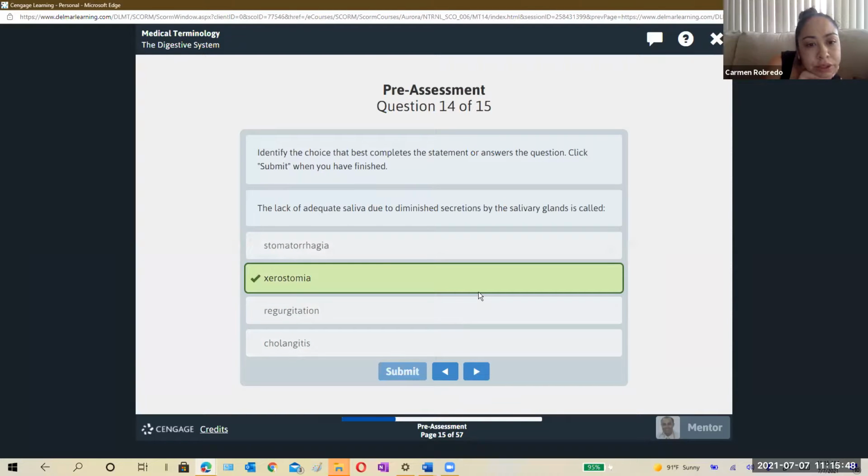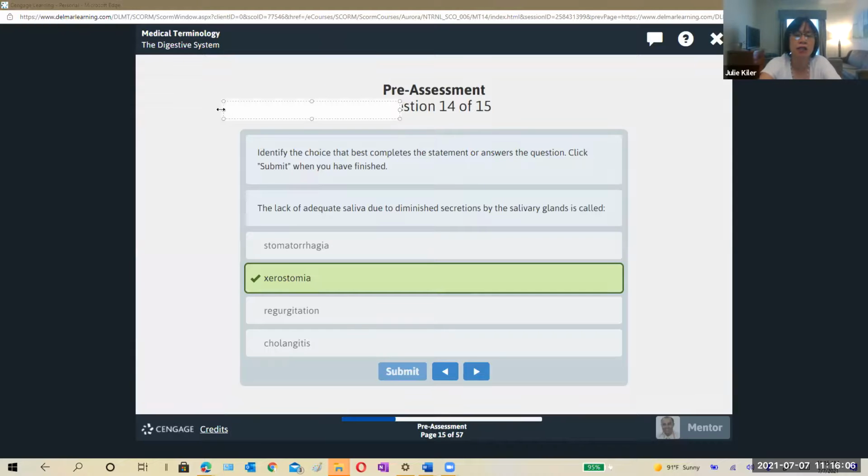Yep, xerostomia. So what do you call dry eyes? So dry mouth, xerostomia. Some people have a disease called Sjogren disease. It's kind of autoimmune.